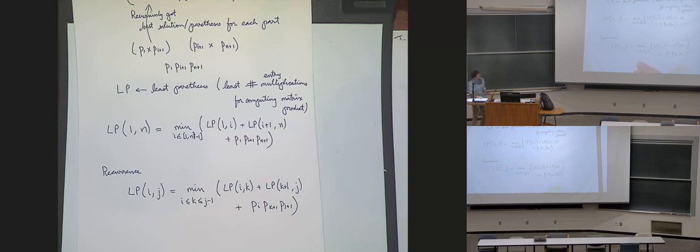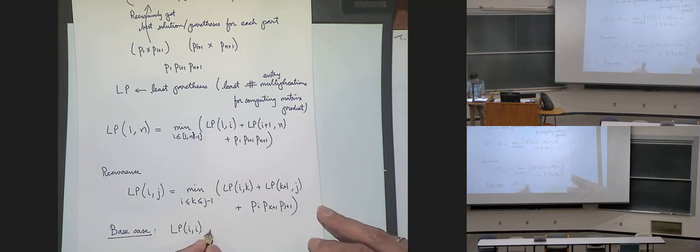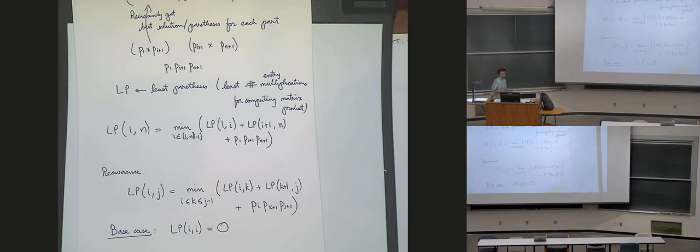And for a base case, LP of i to i is just 0. This is saying that if you're just looking at one matrix, there's nothing to multiply. It's 0. Now you look at this and you can say, oh yeah, I can see there's a table. Does that make sense?